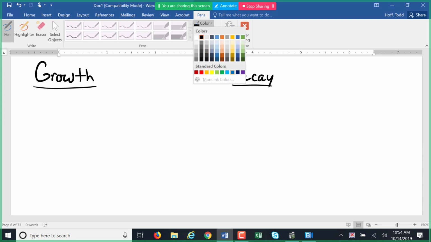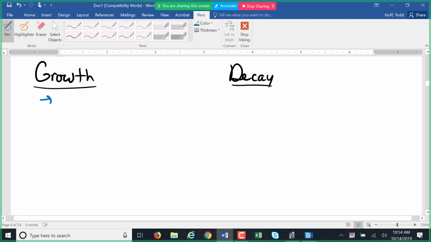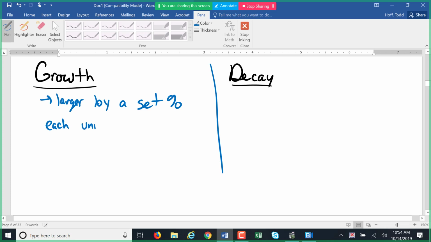Growth fits into these exponentials as something that's larger by a set amount or set percent each unit of time, or each period if you want to call it that. Decay means it gets smaller by a set percent for each unit of time or each period.